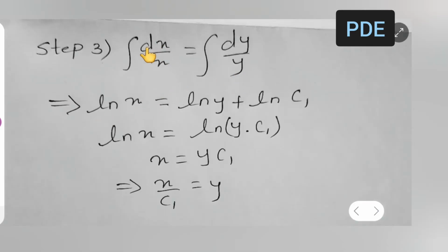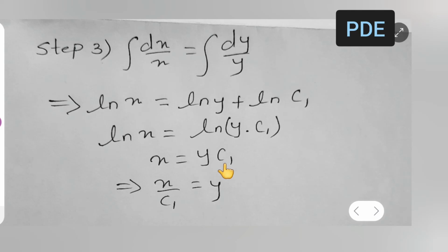Now the integration of dx upon x is nothing but ln of x, is equal to, what is the integration of dy upon y? ln of y plus the constant ln of c1. So ln of x is equal to ln of y plus ln of c1. What is the formula? ln of y into c1. So ln will go, and what you get is x is equal to y into c1.